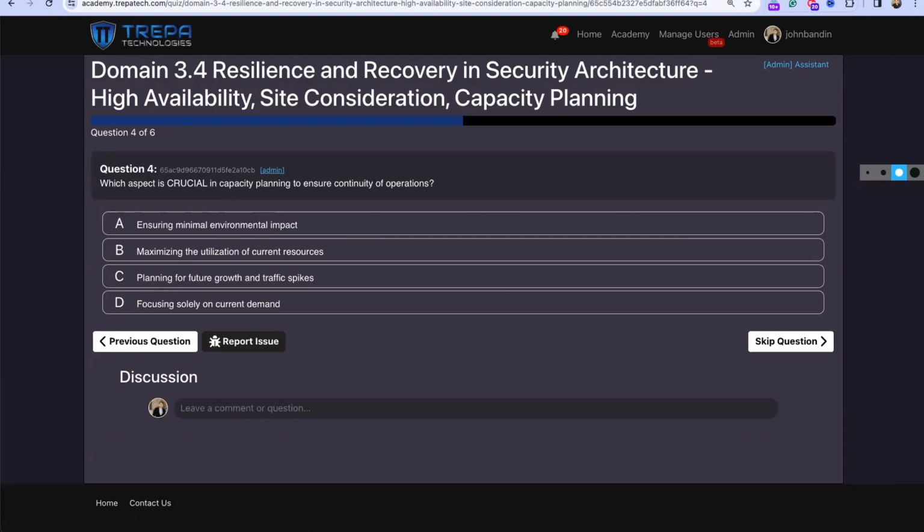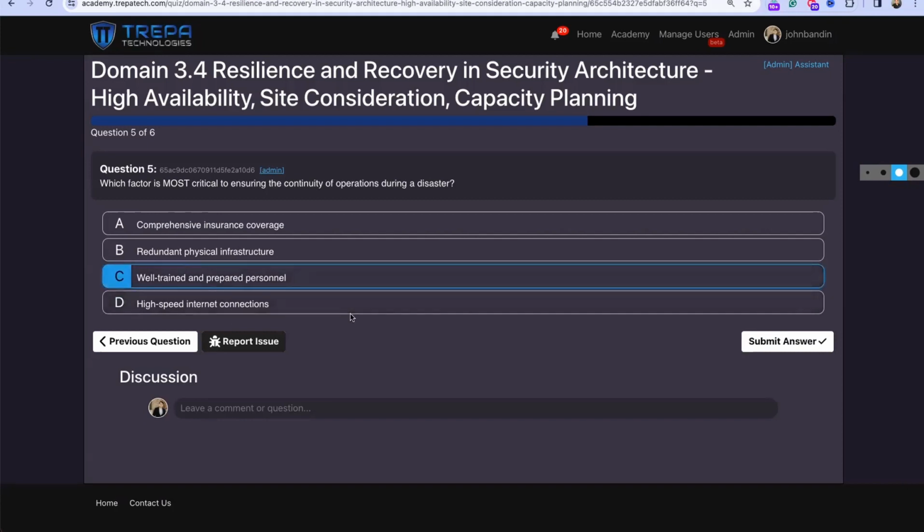Question 4. Which aspect is crucial in capacity planning to ensure continuity of operations? So that's going to be planning for future growth and traffic spikes, right? We got to plan for that increase of users, resources, of anything. Question 5. Which factor is most critical to ensuring the continuity of operations during a disaster?